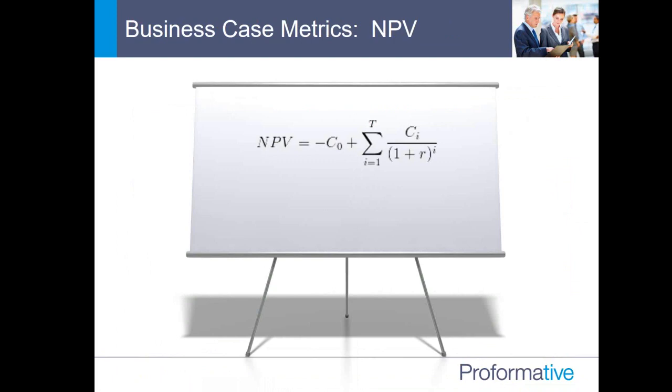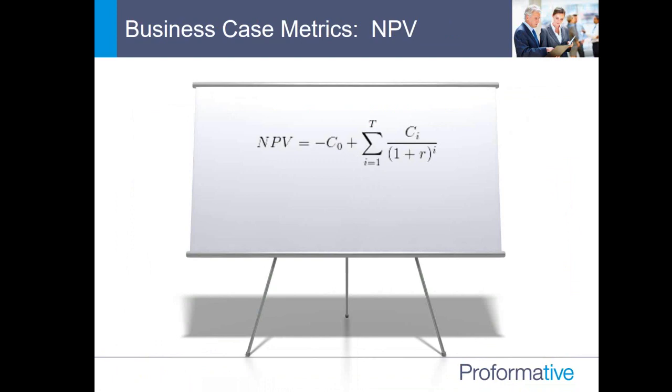So I don't know how many of you went to business school, but this is a finance course, so you may have seen these calculations before. I got to experience the joy of this when I got my MBA, and so this is the formal NPV formula that hopefully most of us have forgotten because we know how to use Excel.